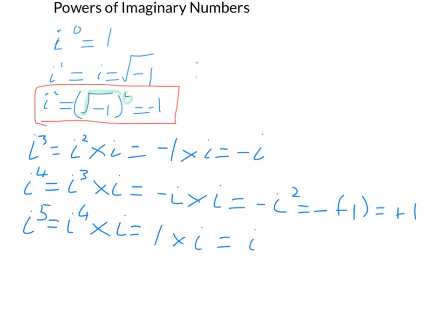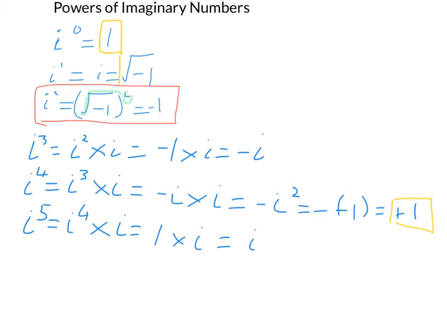I don't know if anybody spotted the pattern yet, but I will try and help you see. So our first one that we had was i to the power of 0. And the answer we got out for that was 1. Later on we see our answer for i to the power of 4 as being 1. The next one we got was i to the power of 1.